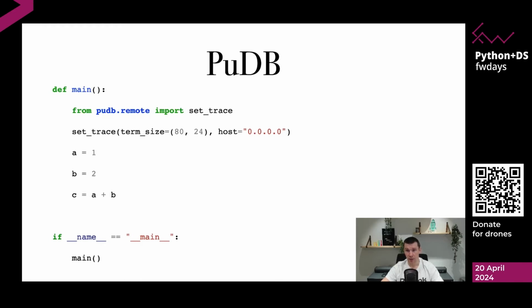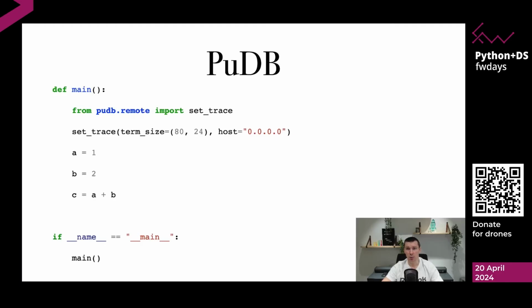One can ask why we set term size and host. So to connect from outside of the Docker, and because PUDB has a terminal-based UI, it requires some basic configuration.